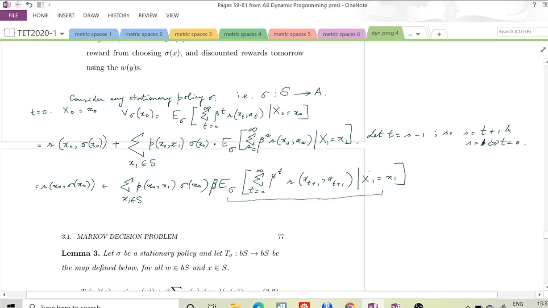If I say that time t equals 0 happens in period 1 from the original perspective, then in fact this is my period 0 right now. So x1 equal to lowercase x1 is like my initial state here. And so as we have argued before, we can borrow the same argument and say that what we have here is the payoff, the discounted present value under the stationary policy sigma.